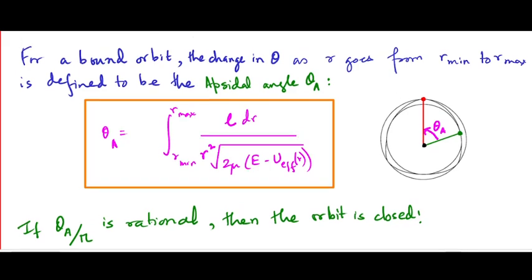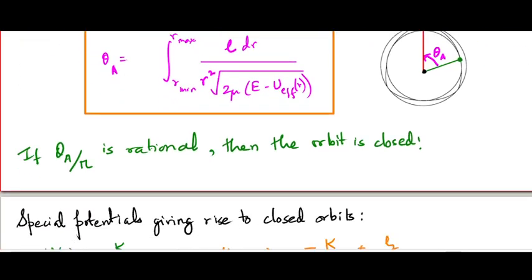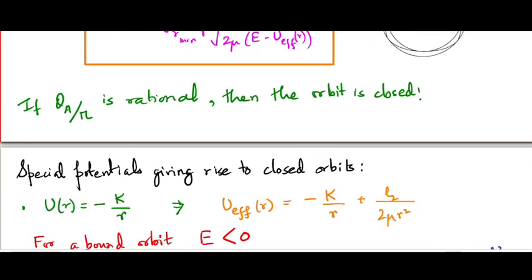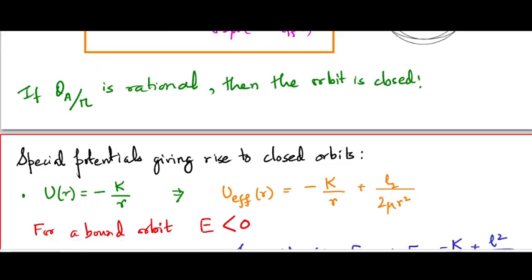Let us now directly calculate this theta a from the integral for a couple of potentials which are of great importance. The very first one that we will pick on is, of course, what else? The Kepler potential. So u of r is minus k over r, and u effective r is, of course, minus k over r plus L square by 2 mu r square.